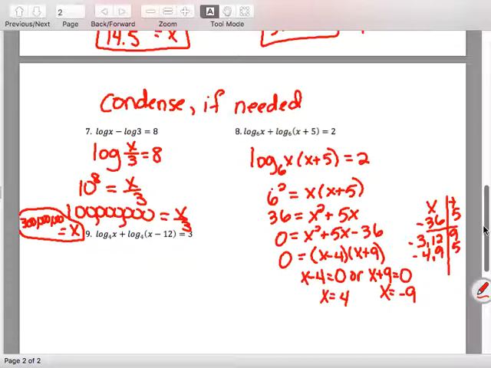But you have to check. 4 is okay. 4 works in both. Negative 9 does not work. It doesn't work in either of them. If it doesn't work in one of the logs, it's not going to work. So we do know how to solve quadratic equations. We get everything on one side equal to 0 and try to factor it. If it won't factor, we have a backup plan, and it's called the quadratic formula.